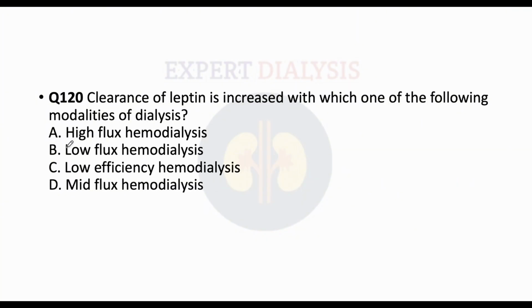Moving to the last question of this part, it says clearance of leptin is increased with which of the following modality of dialysis? Now, if you know, leptin is a middle weight molecule. So now we know it's a middle molecule.